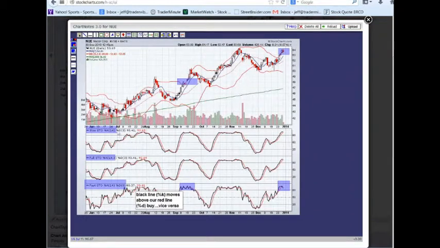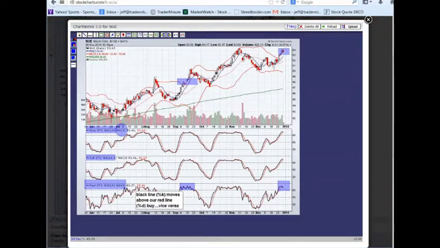And then they get a percent D for the slow stochastics, a 3-day moving average off of the percent K of the slow stochastics, or off of the percent D from the fast stochastics. So it's a triple smoothing mechanism. And you'll notice how the slow stochastics is much smoother in general than the fast.